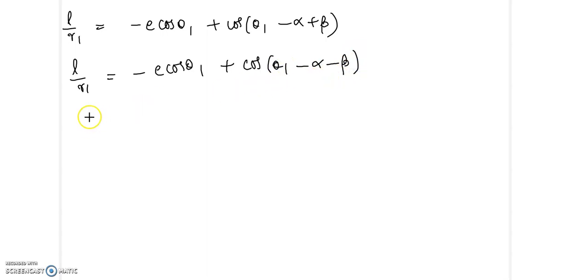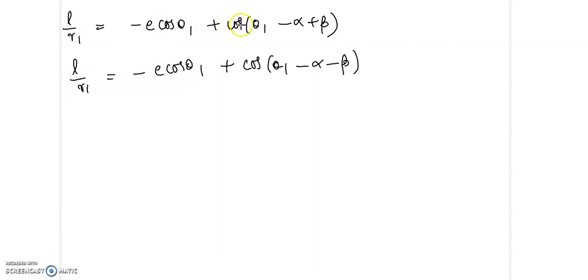Now we have l by r1 and minus e cos theta 1, which is the same in both the equations. These two terms are the same.